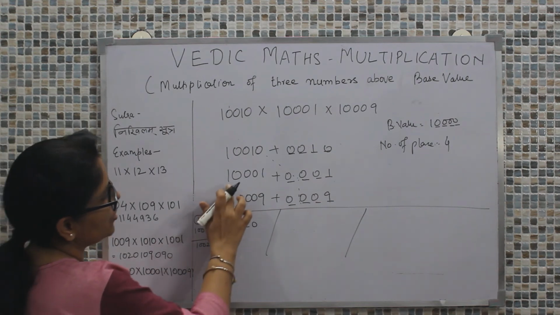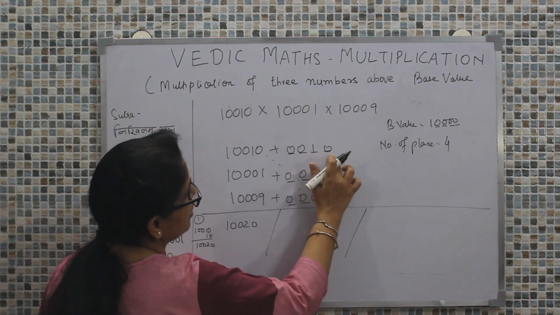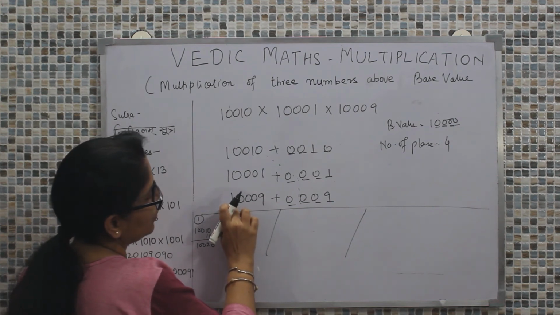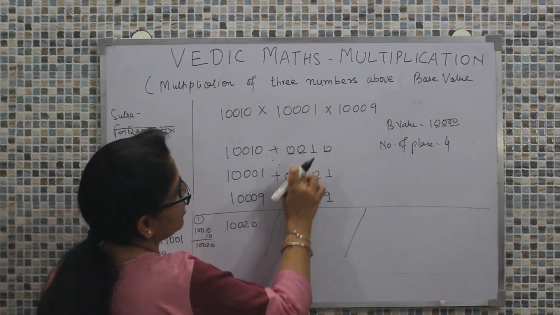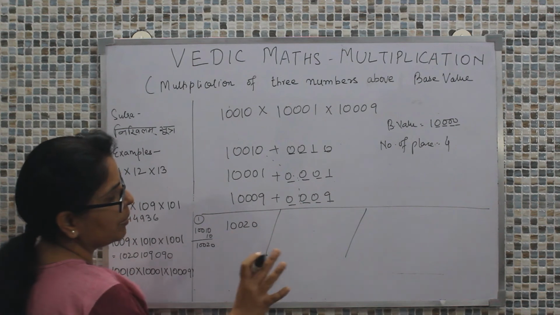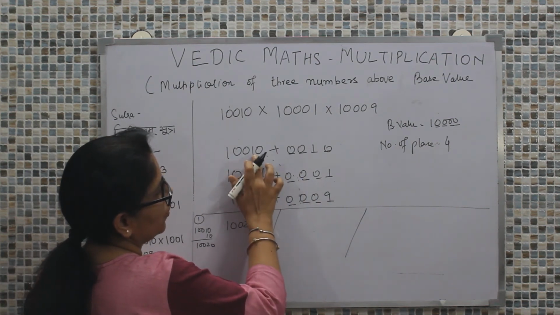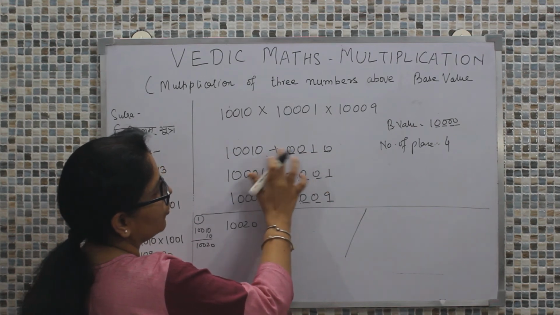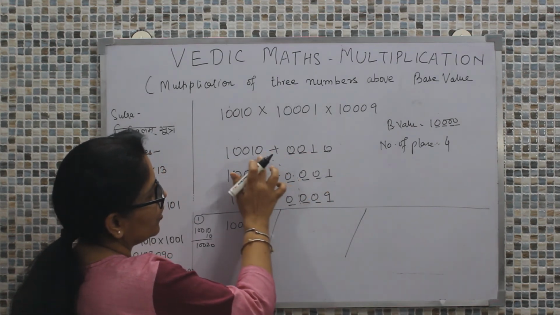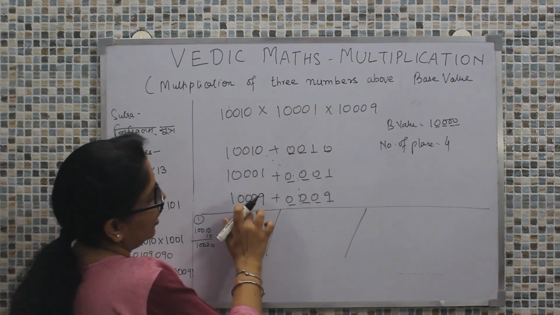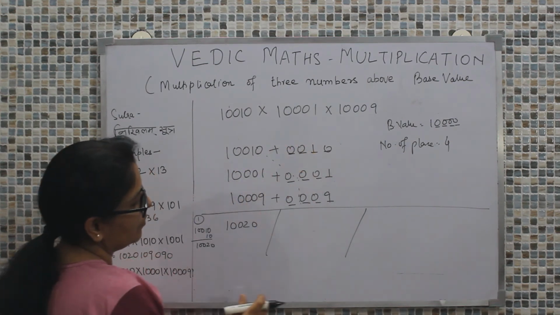The other possible combination will be this plus this plus this, or the third possible combination will be this plus this plus this. So the simplest way to remember it is, whatever excess value it has, you have to leave down and you have to take the rest of the values. So this will come with the excess of these, this will come with the excess of these, and this will come with the excess of this.